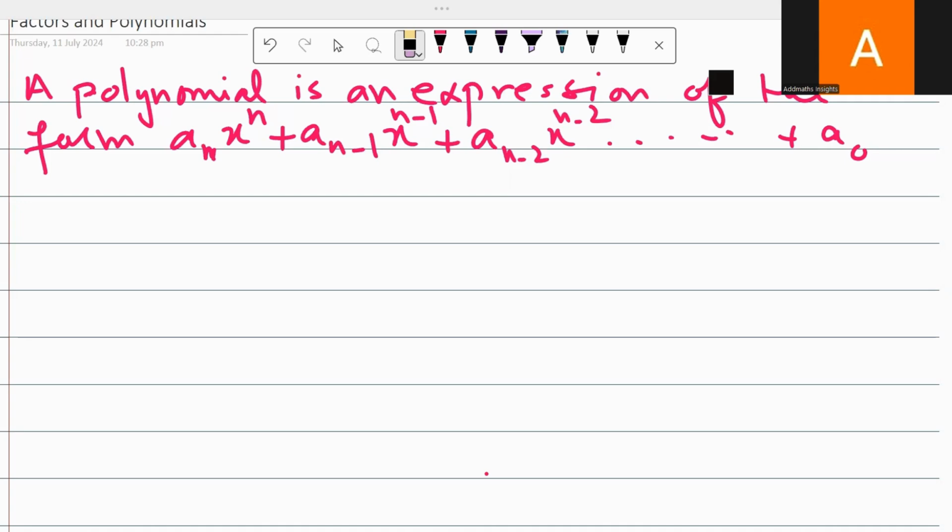A polynomial is basically an expression of the form a_n x^n + a_(n-1) x^(n-1) + a_(n-2) x^(n-2) and so on, up to a_0. This expression is called a polynomial, where x is a variable.